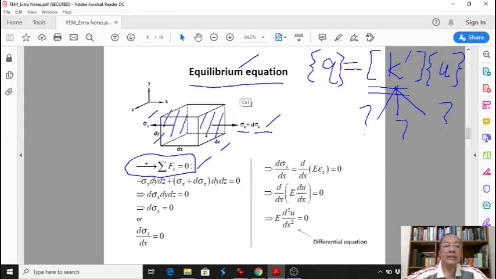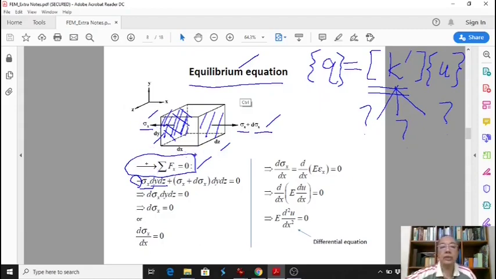From stress x, we can create a force. Stress x times the area of this face is equal to force. The area is dy times dz. We take minus here because the direction is toward negative x.